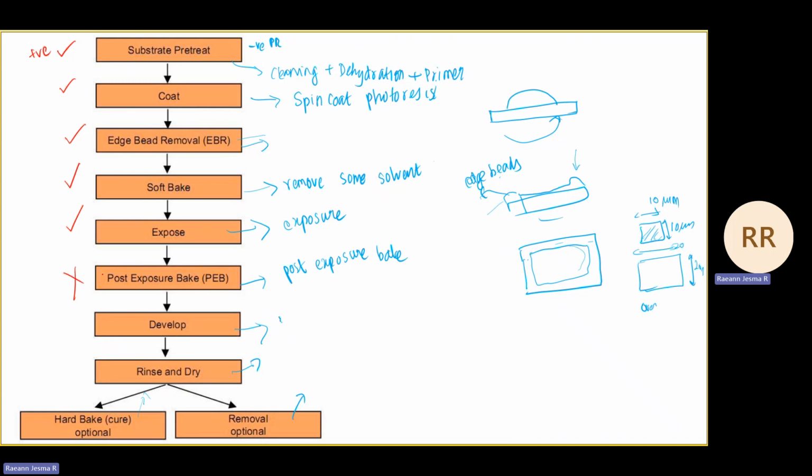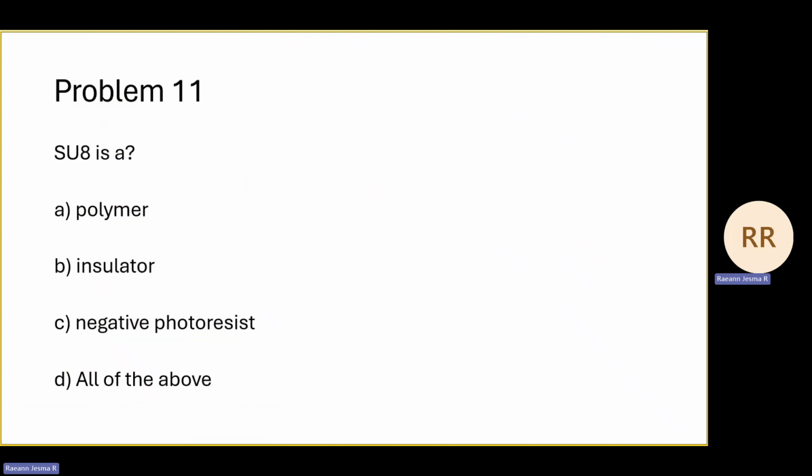Then we will not have this post-exposure bake. We'll move on to development. Then once it is developed, we'll do rinse and dry, and then hard bake or removal is optional. So between the positive and the negative photoresist, this step will change the property of the photoresist. So we'll move on to the next problem.